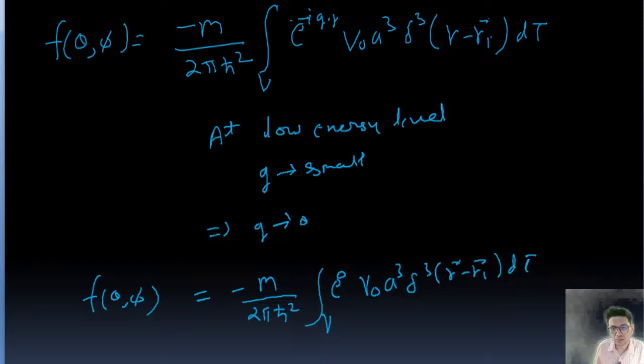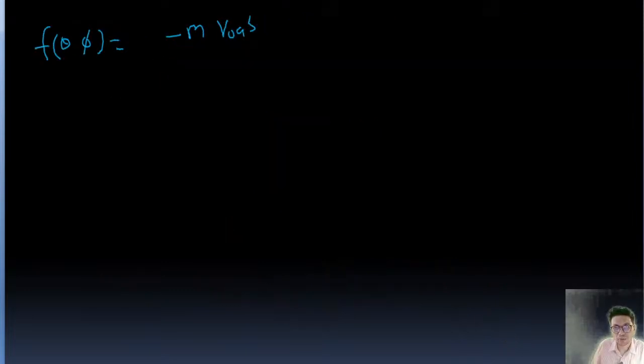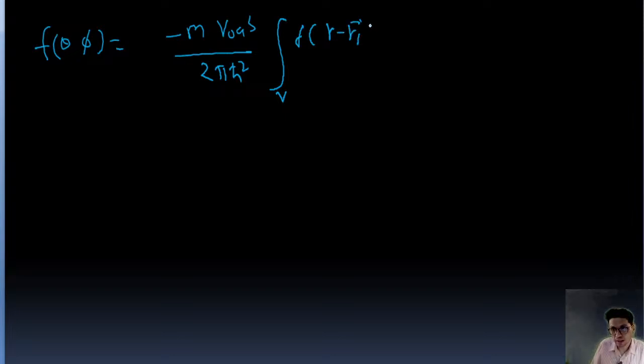And the value of f, function of theta phi, is going to be minus m v naught a cube, we'll take common this constant. And e to the power 0 equal to 1, this we know. So the value is going to be v naught a cube upon 2 pi h cut square, and volume integration of del r minus ri beta.